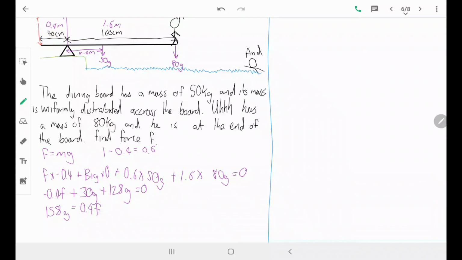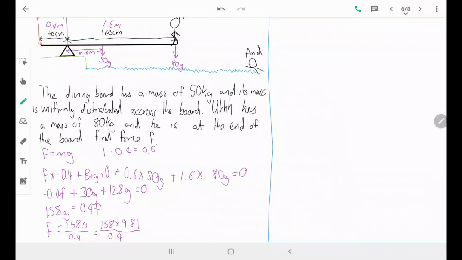What we then need to do is quickly make sure I've got a calculator ready. We're then going to divide by the 0.4. So our F is 158g over 0.4, or 158 times 9.81 over 0.4.